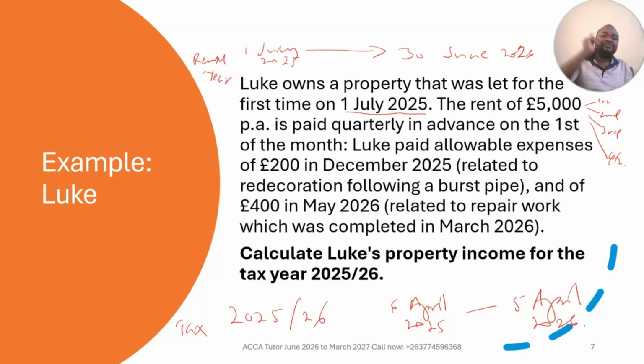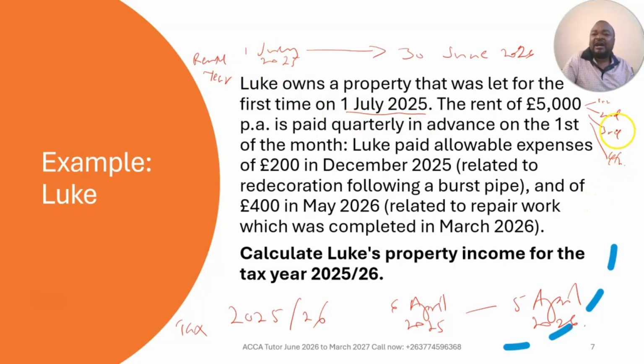Now, let us use dates. The first quarter for the 2025-2026 year was consumed. First and second quarter were consumed before we arrive at 1 July 2025.